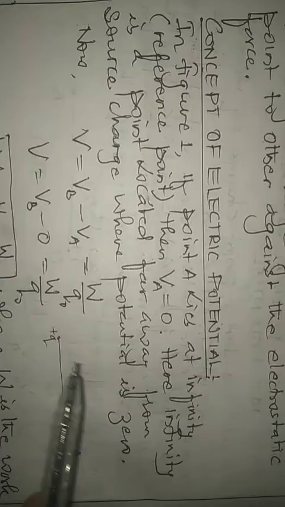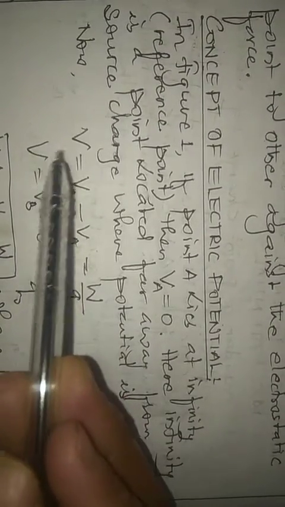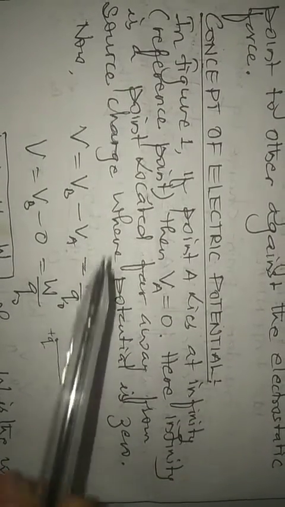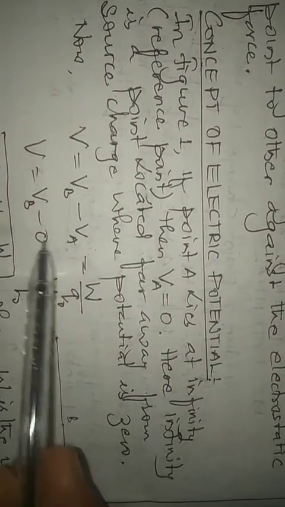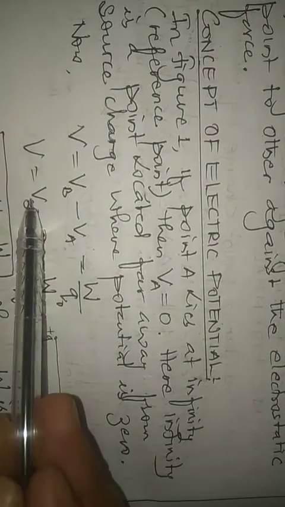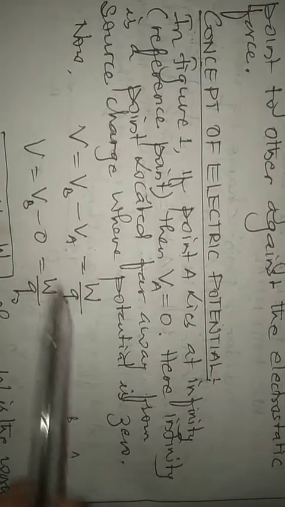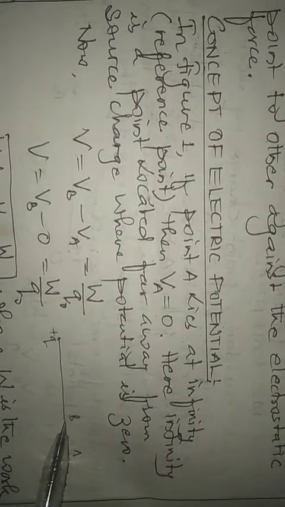If you look at the diagram, we have discussed what is potential difference. In the previous diagram and explanation, we understood that the potential difference V equals VB minus VA. But if VA equals 0, that is the test charge is at infinity, then V equals VB, and that VB is the potential at point B. So potential at point B is defined as the work done to bring the test charge from A, which is infinity, and keep it at point B in the electric field.